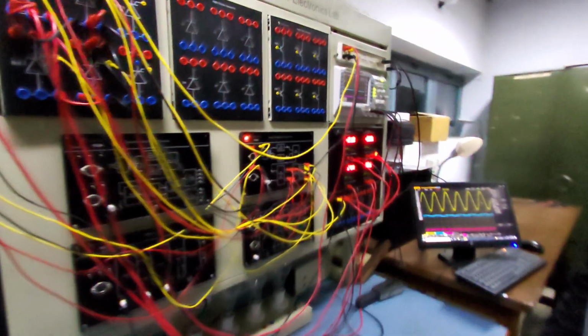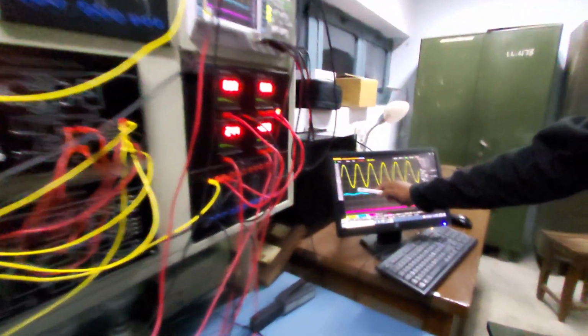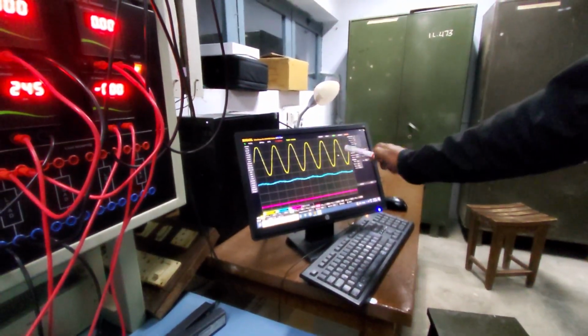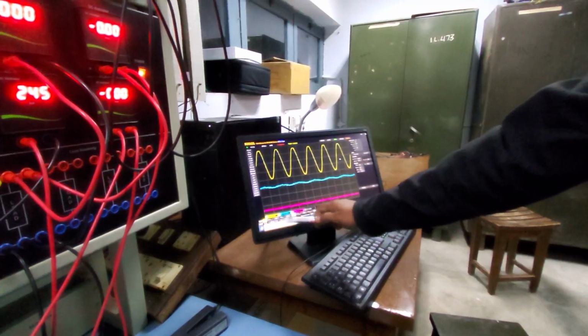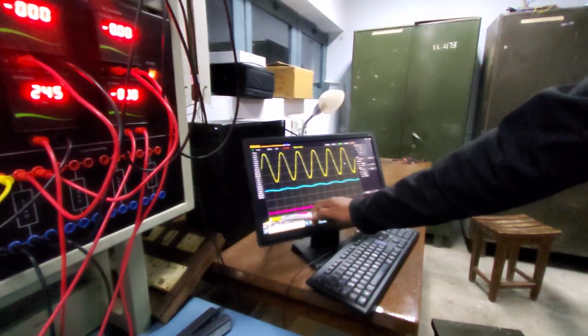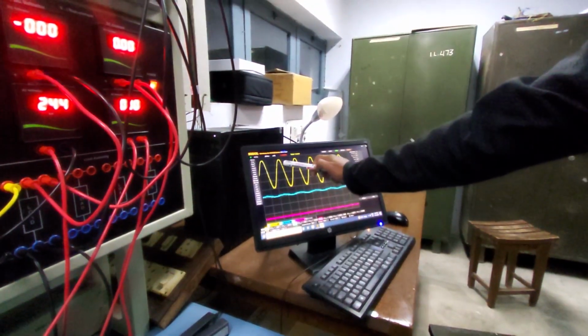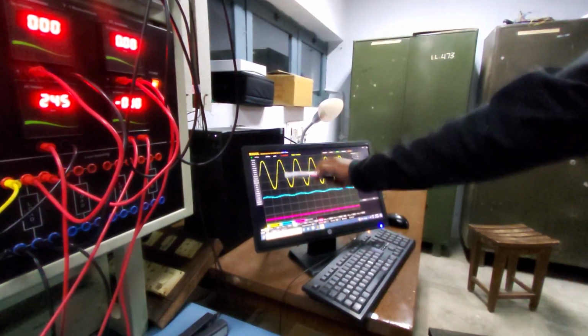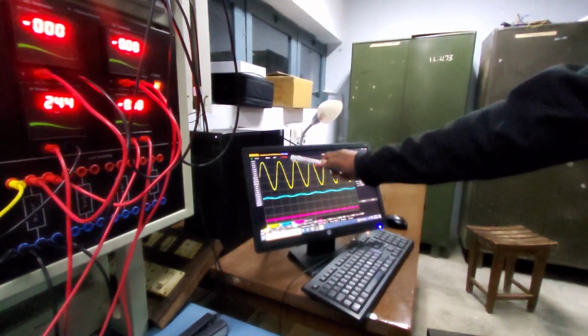As you see here, this is the output voltage waveform. This voltage is first 200 volt per division scale, so 200 volt means 200, and approximately it is 315. So the RMS voltage is approximately 230 for this waveform.